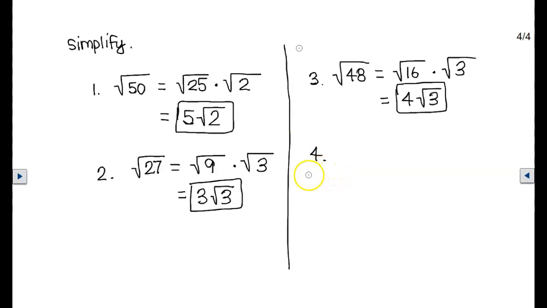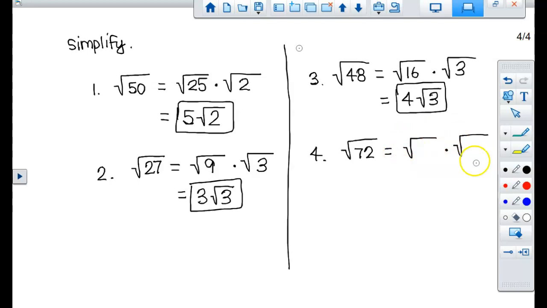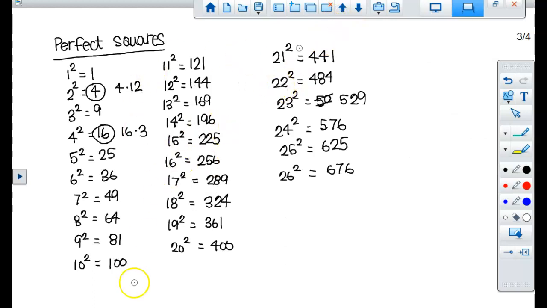All right, let's do the square root of 72. I need to factor my 72 into two square roots. One of the numbers that I use has to come from my perfect squares list.